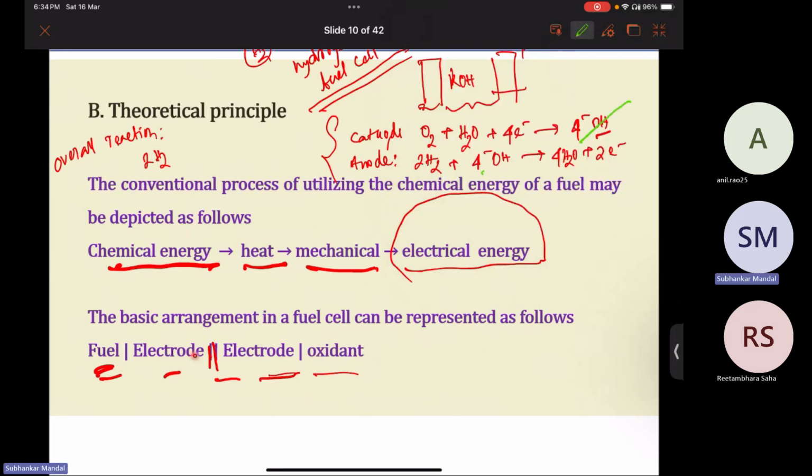This part and this part will cut out, and the water molecules, 2H2O here and 4H2O here, will cut out partly. So basically what you will get is 2H2 plus O2 going to 2H2O.